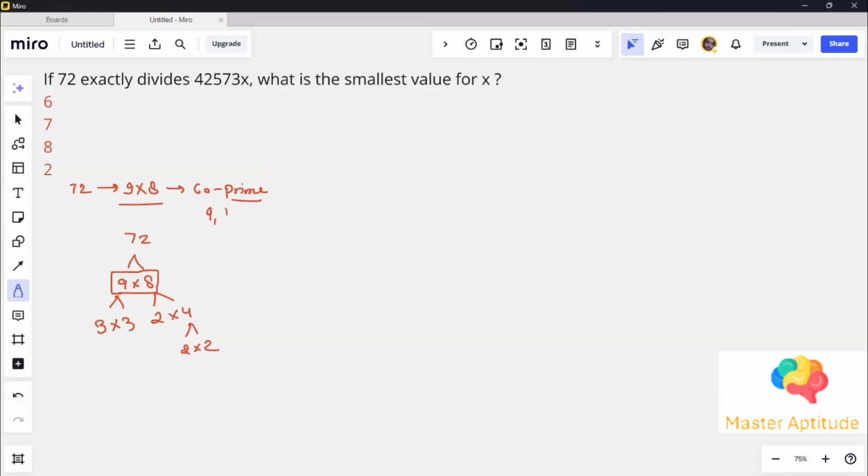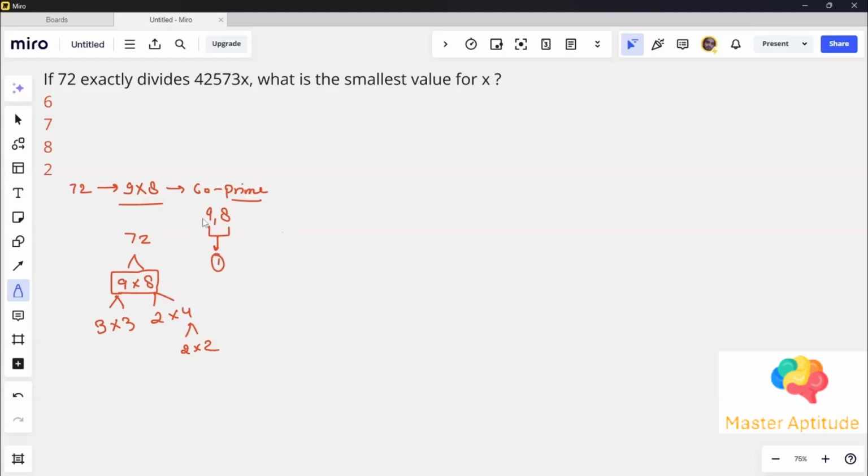Let's take an example of 9, 8. These are two numbers, and is there any common factor between these numbers except 1? If we have two such numbers and the common factor of those two numbers is only 1, then both numbers will be a co-prime pair.